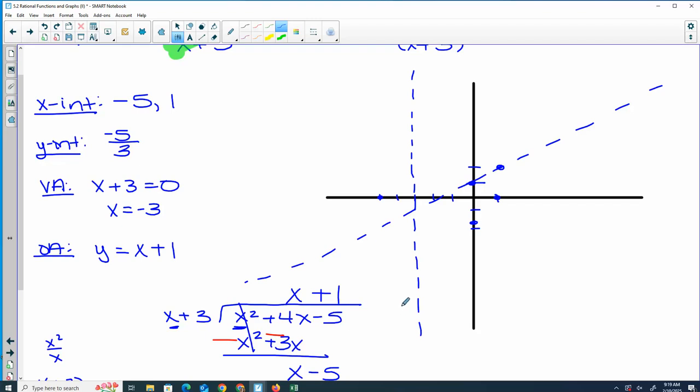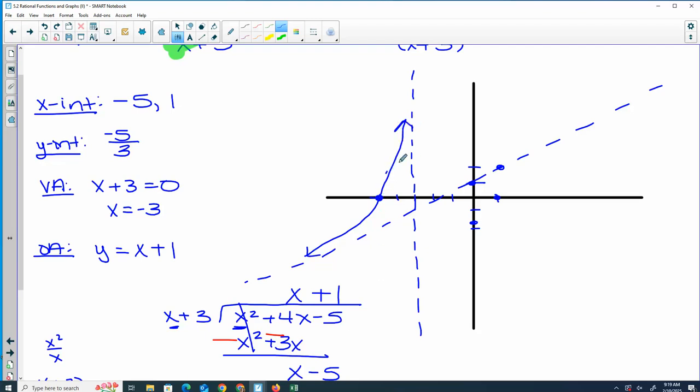Do we know right now which one it is? How can I tell? I already have a point, don't I? I already said this is going to hit the x-axis, so if you're going to go through that point, that means it's above. If you didn't have it, that's when we plugged in points to tell.